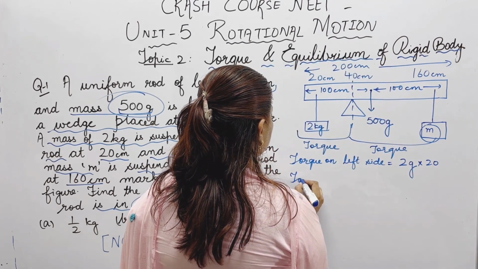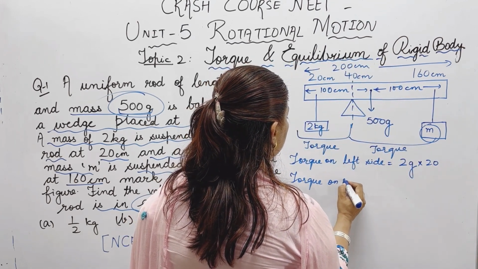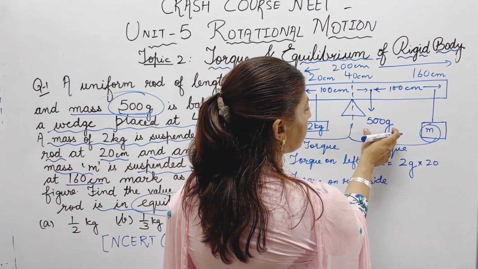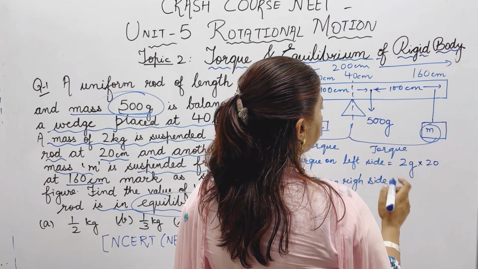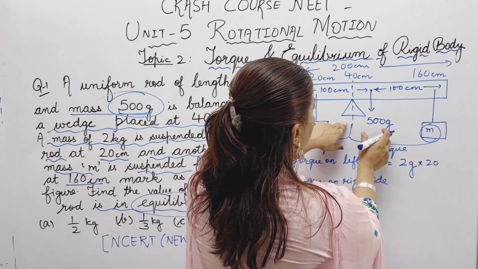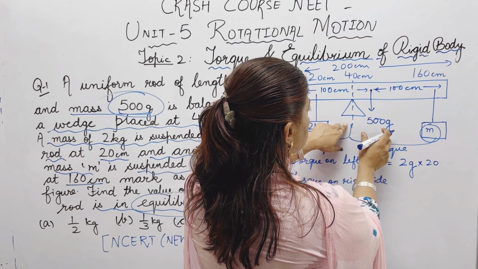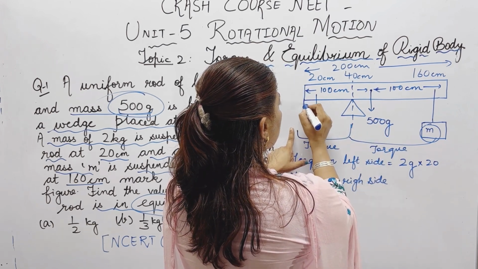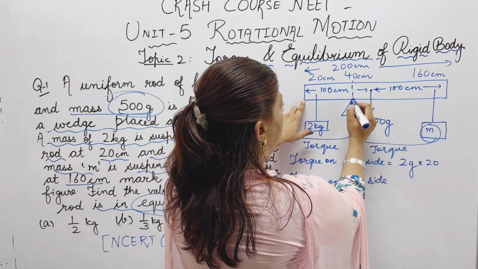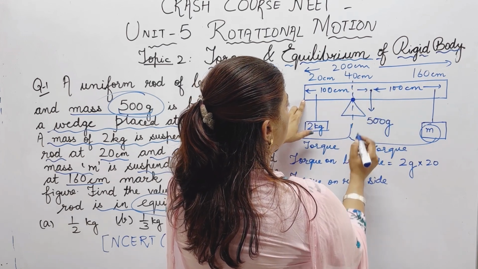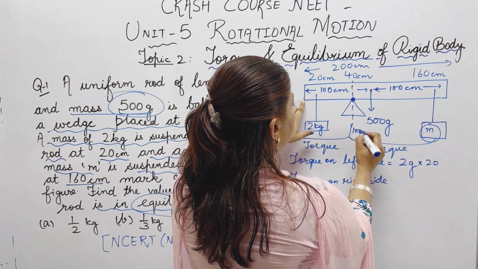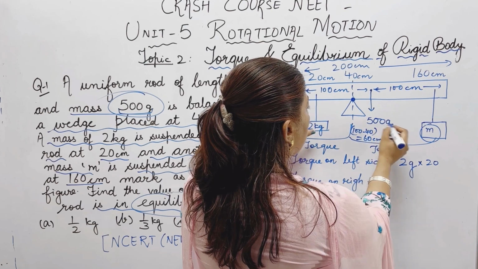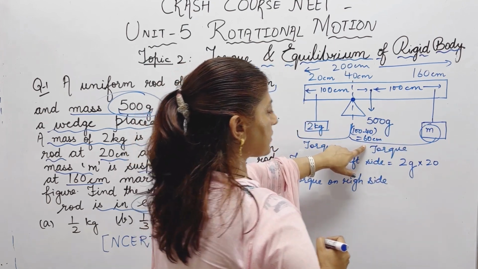Now the torque on right side. On right side, two masses are hanging. One is 500 gram and another is m. So if we look at 500 gram, what is the position of this? Since this total is 100, from this point to this point it is 100 and this point is at 40. So this is 100 minus 40, that is 60 centimeter. So 500 gram is hanging at 60 centimeter.